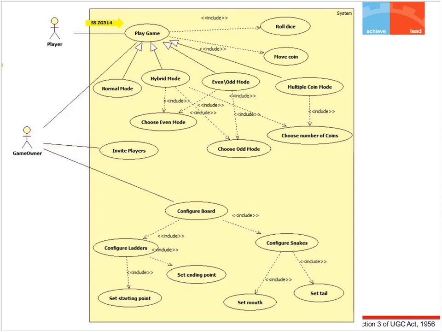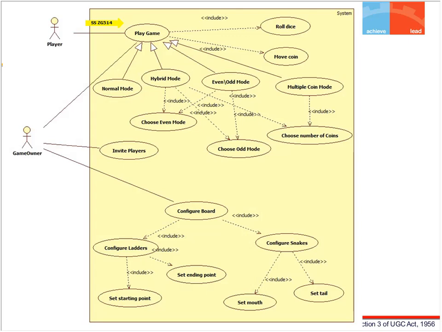Includes relationship comes when they are subparts of a use case, whereas a generalization relationship comes when they are actually child use cases, where they will replace that particular use case in any case, right? Okay, and then you can go through all the includes that are there.